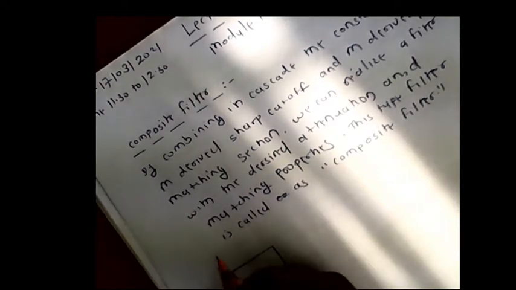There are a total of 4 stages in a composite filter, which will be drawn in a block diagram. This type of question will be asked in your MCQ. So what are the 4 stages? First one is a matching section.